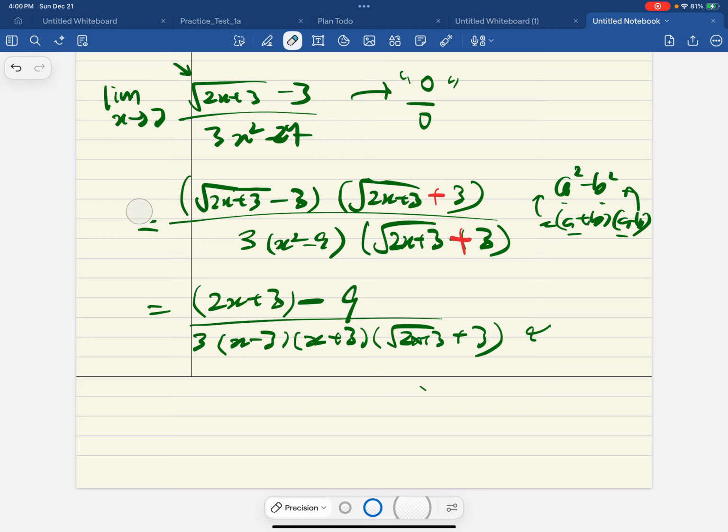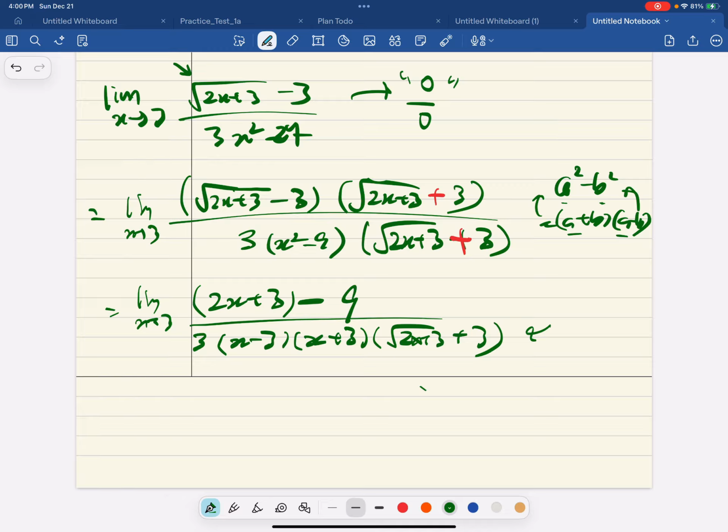Oh, and I forgot to write my limit equals 2 every time, but you should. And then you simplify everything, you cancel out stuff.